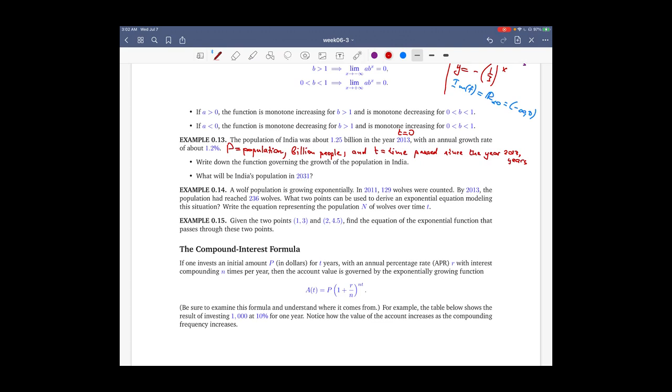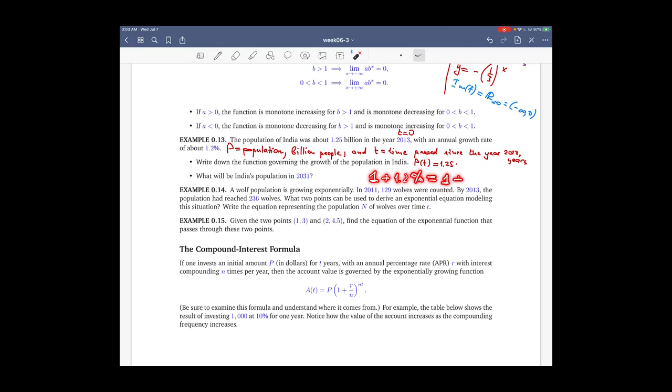So given that, we see immediately that the function governing the growth of the population is simply P of t equals 1.25 times, what should it be? 1 plus 1.2%, correct?